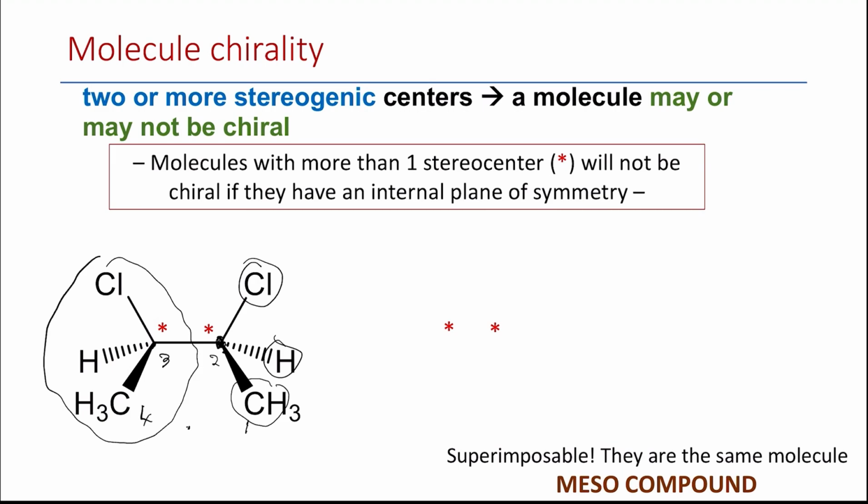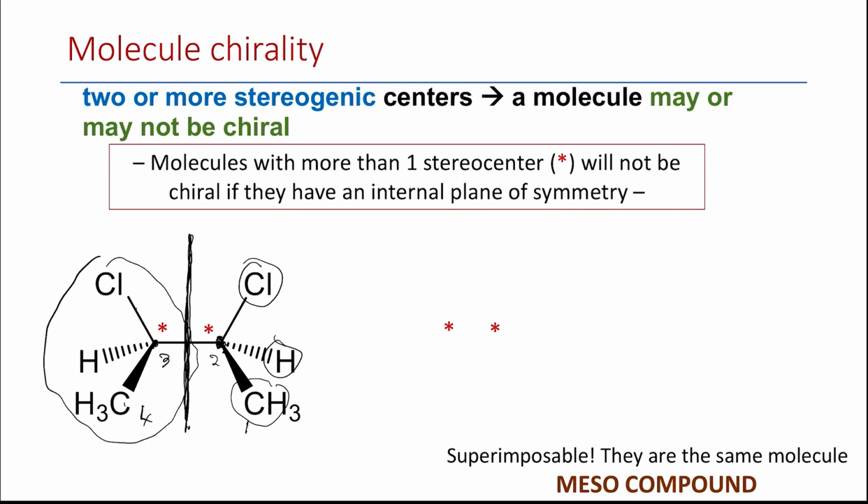If you look at carbon number 3 as well, you're going to find that this atom also has four different substituents. But actually, these two have an internal plane of symmetry. If you draw the plane of symmetry here like this, you're going to see that these two halves are mirror images of each other.